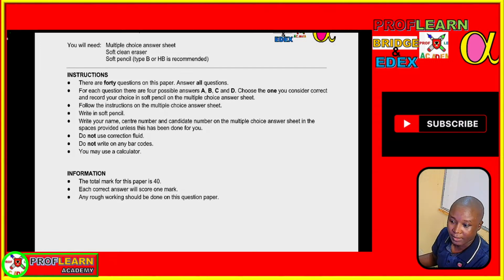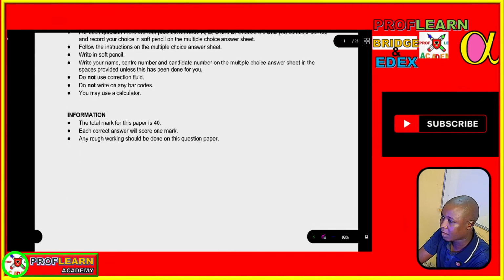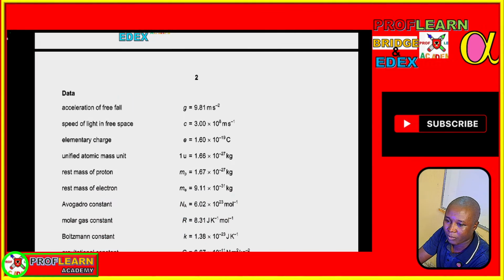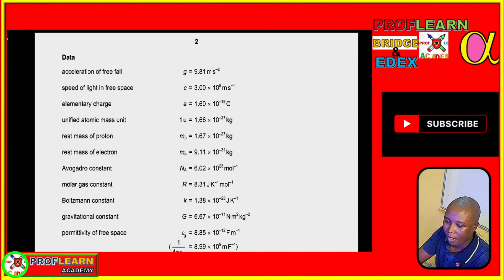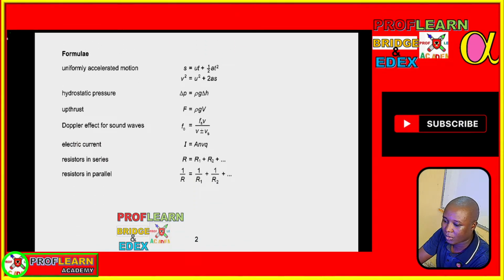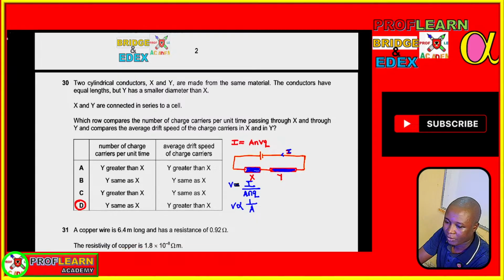Now, to get started, we need to look at this paper. It has 40 marks, but we are focusing only on MCQ. You'll be provided with some data, and also some few formulas which will enable you to approach this particular question.